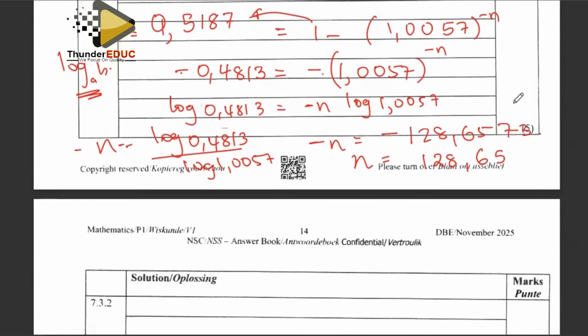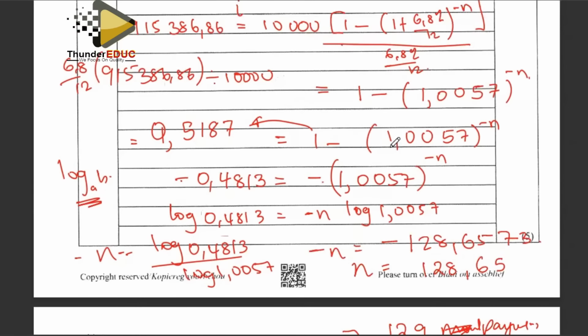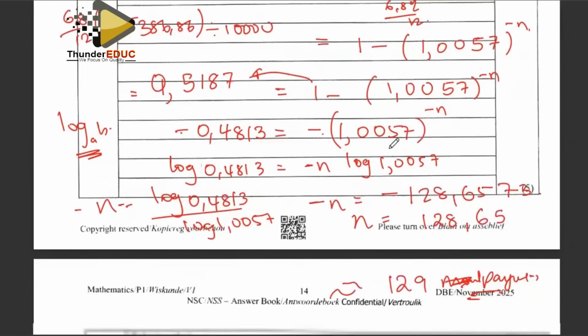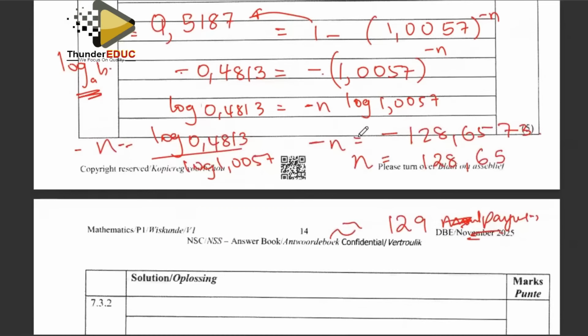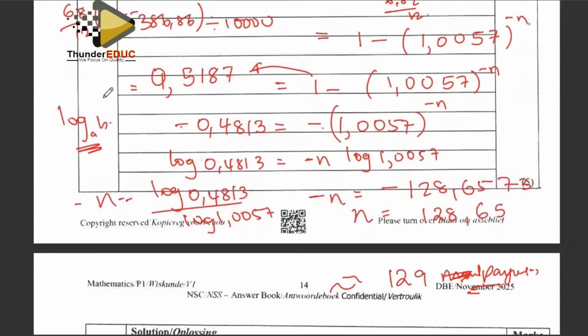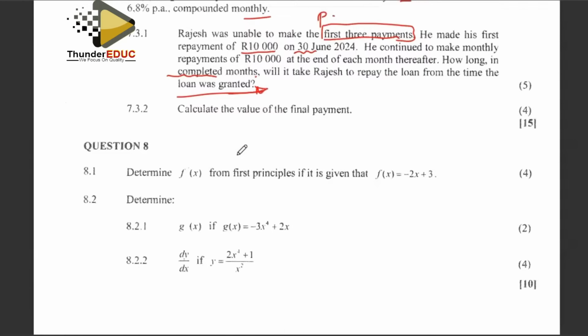So meaning that Rajesh is going to use approximately 129 payments. If I use the calculator directly, I'm ending up with 129 something. So maybe the breaking down of stuff is causing hiccups. All right, then let's move on.